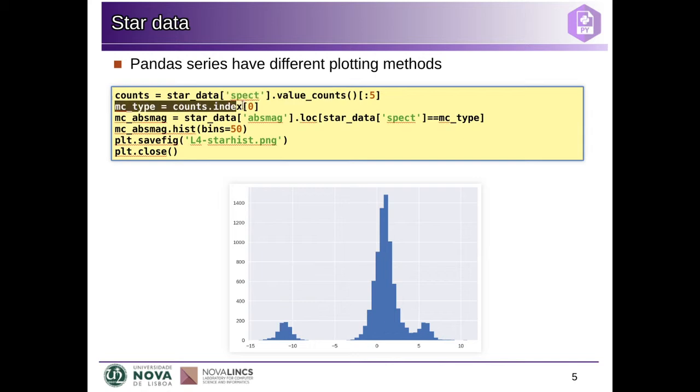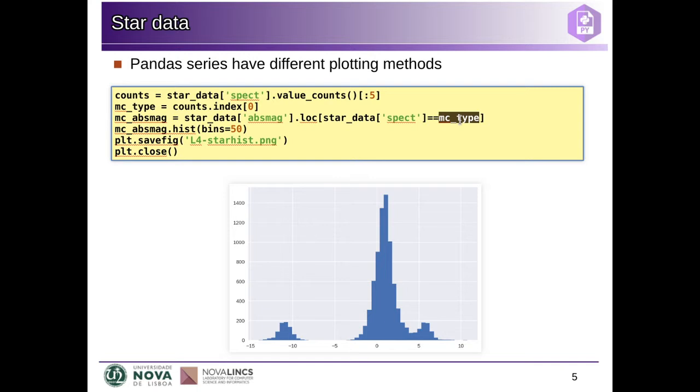We get the one with the highest count, so the one that is in first place in the count series. And now we get from our table, from the column with the magnitudes, those entries corresponding to the indexes where the spectral type column is equal to this K0. So this type, the most common type that we have here.